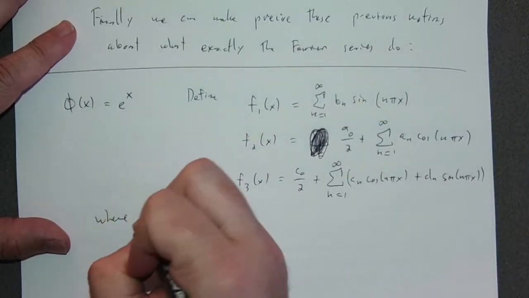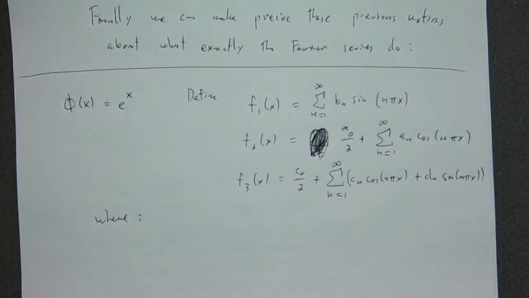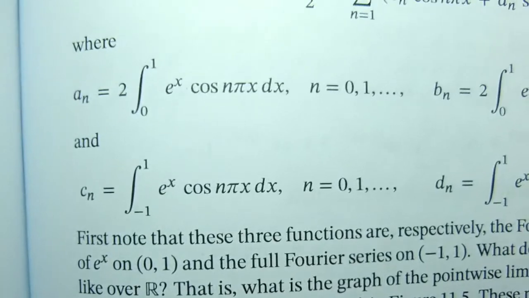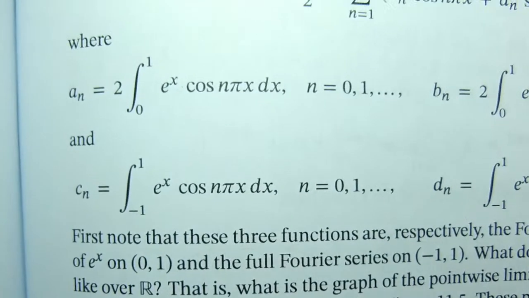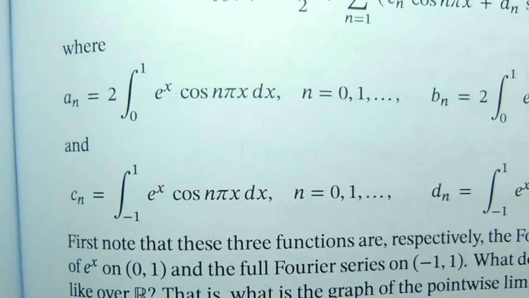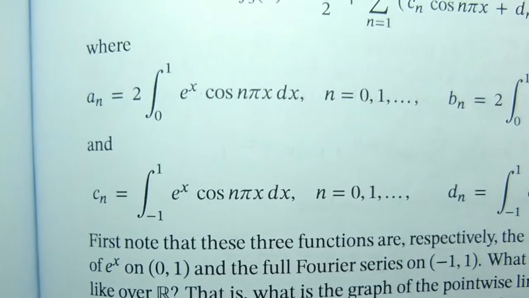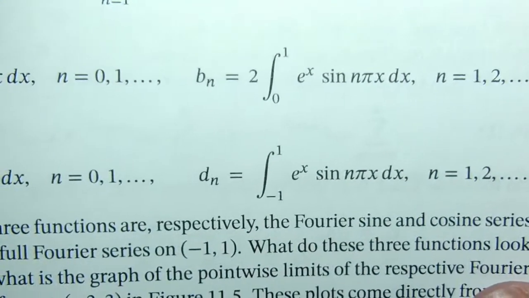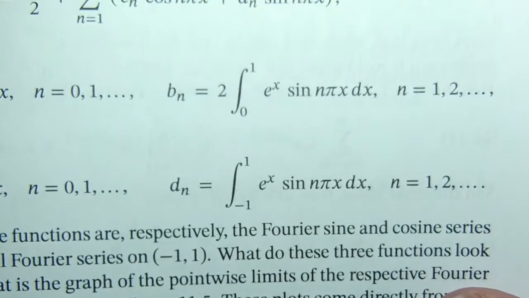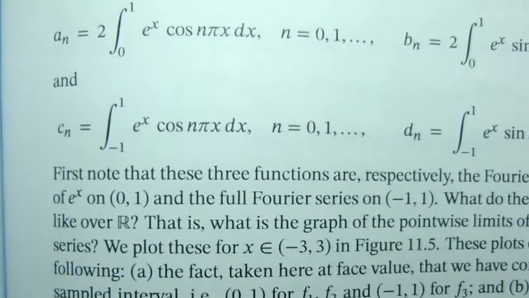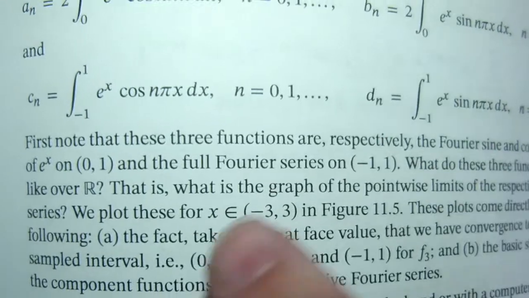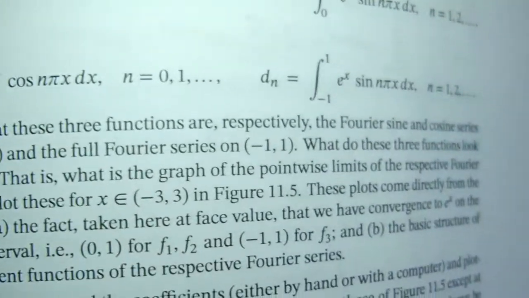I'm not going to rewrite all of these, I'm just going to show you what I want them to be. Here a sub n is 2 times the integral from 0 to 1 of e to the x cosine n pi x. B sub n is 2 times the integral from 0 to 1 of e to the x sine of n pi x. C sub n and d sub n are similar. They're just defined on minus 1 to 1 instead.